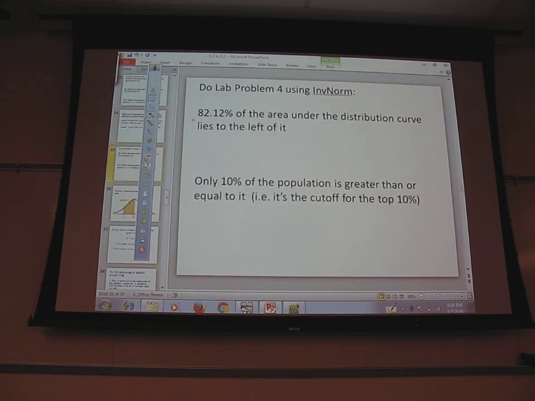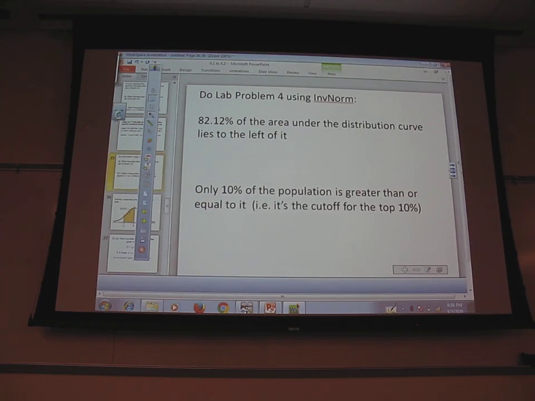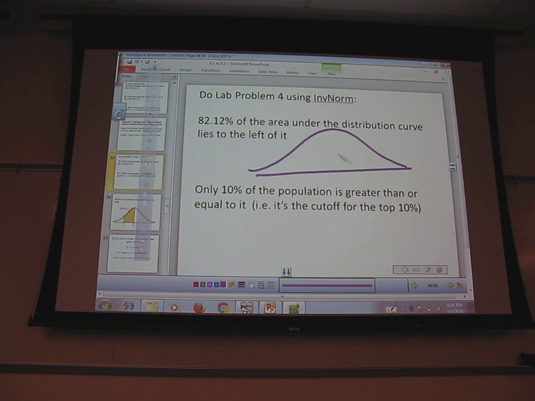All right, so you guys do lab problem 4 using inverse norm. So 82.12%, so make it a decimal, 0.8212, you want to find this z-score here. Oh wait, to the left, my bad. 0.8212 over there, you're going to find this z-score here.